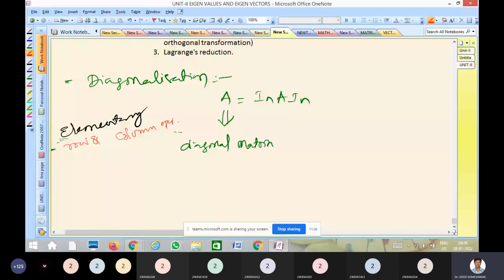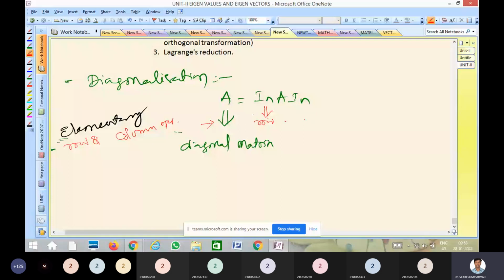Whenever you are applying row operations on capital A, you need to apply the same on the prefactor. No need to apply it on the other matrices; you just write whatever you have in the next step. Only the row operation you need to apply here.